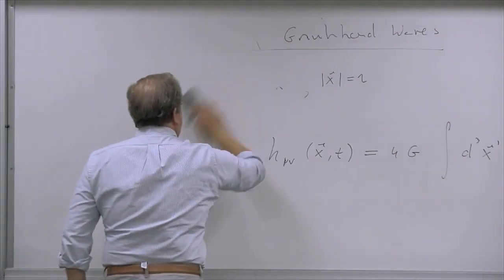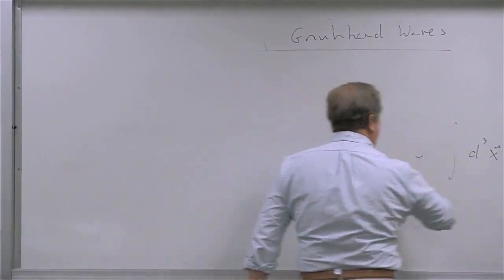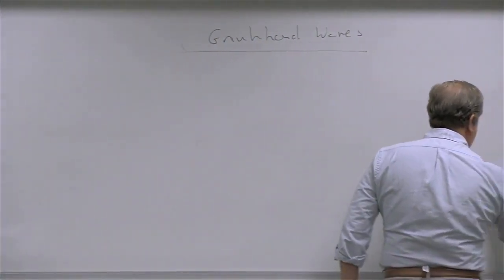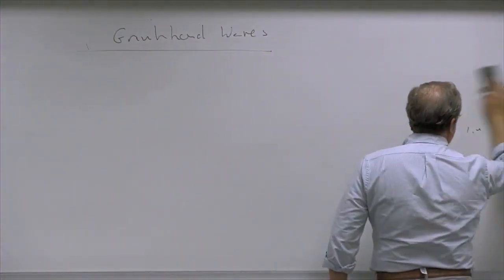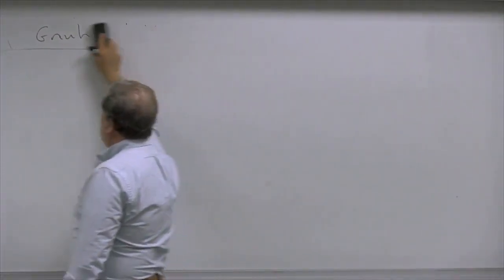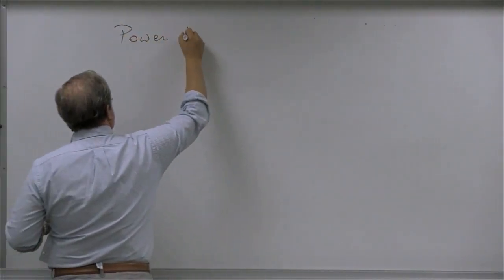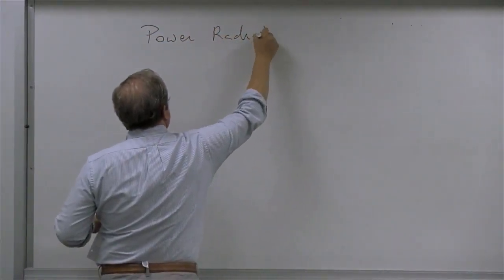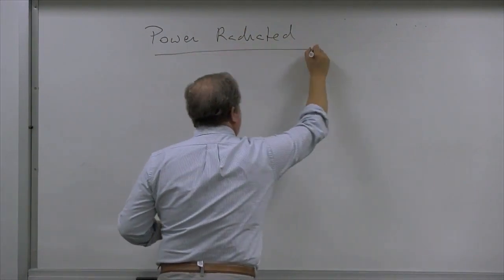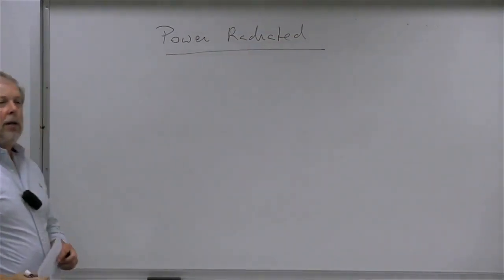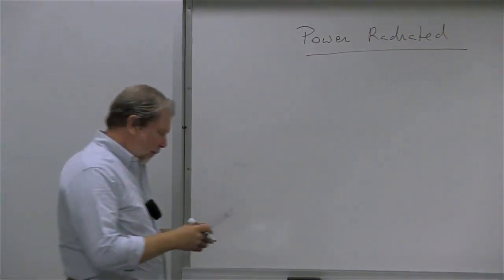So the next step, as in the case of electromagnetism, is to look at the power that is radiated. We're not interested in the wave itself, but we want to know what amount of energy is radiated per unit time, the power radiated, say in watts, in some sensible units.